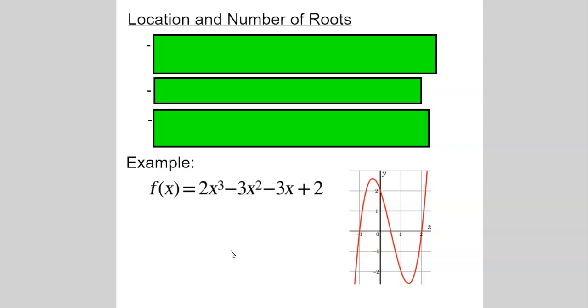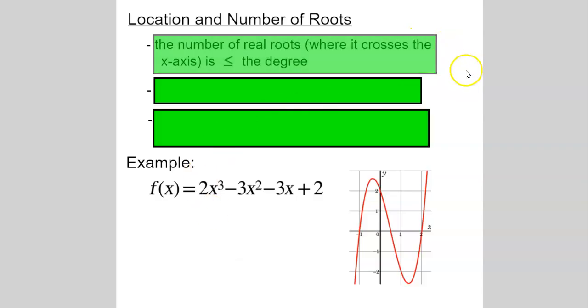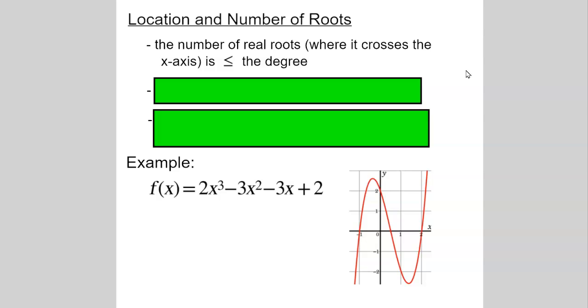Likewise, we can talk about the location and the number of roots. We did this a little bit when you were graphing from factored form, because the easiest way to graph from factored form is to first pull those roots or those zeros from the factors. The number of real roots, which is where it crosses the x-axis, is less than or equal to the degree of your function.